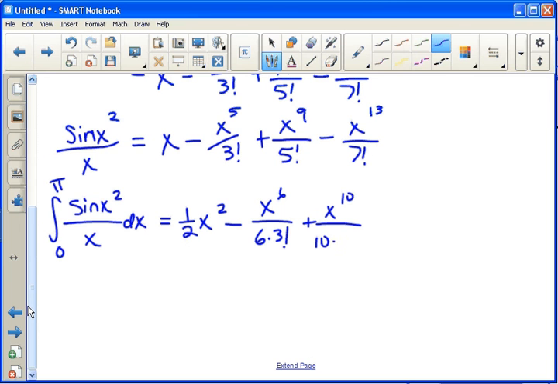Now if you notice, plugging in 0 is just going to make everything go to 0, so the only thing we have to do is plug in the pi. So I need to plug in pi, and that will give me my approximation.